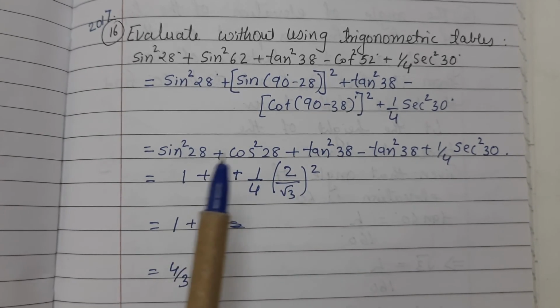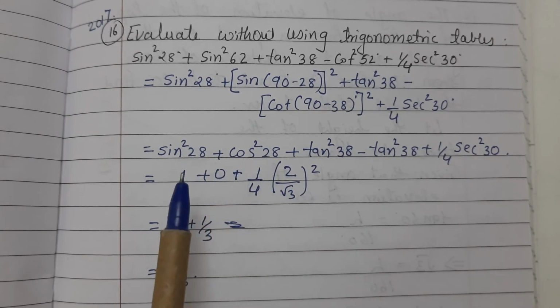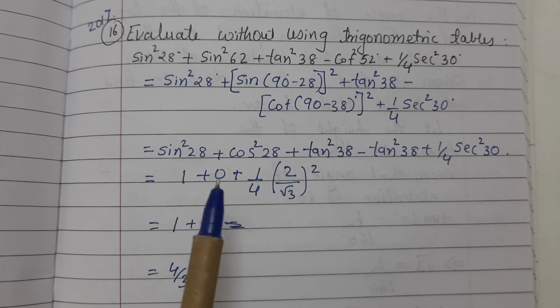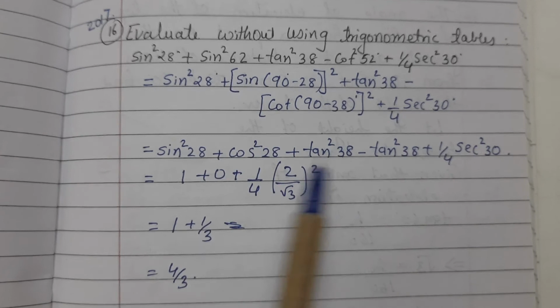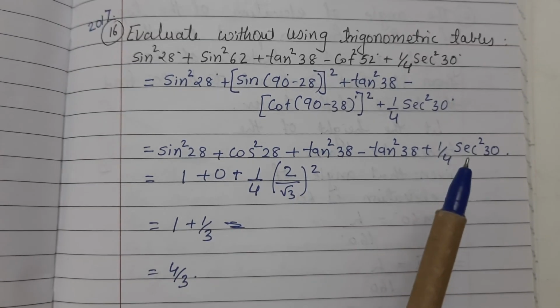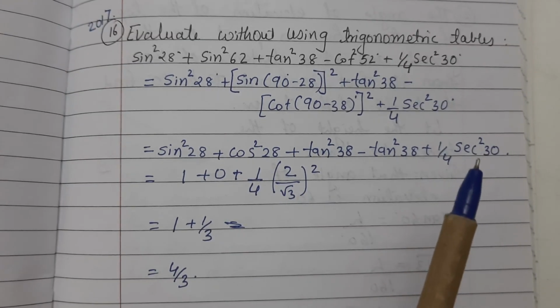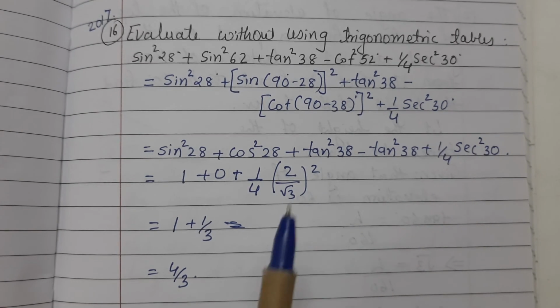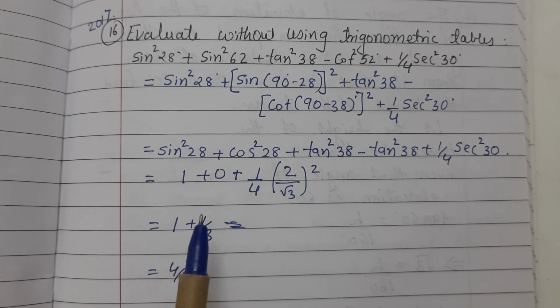Sin square 28 plus cos square 28 is 1, tan square 38 minus tan square 38 is 0, plus 1 upon 4 sec square 30. Sec is 1 upon cos. So sec 30 is 2 upon root 3, sec square 30 is 2 upon root 3 the whole square, so 4 upon 3. 4 cancel each other, so 1 upon 3. So 1 plus 1 upon 3 is equal to 4 upon 3.